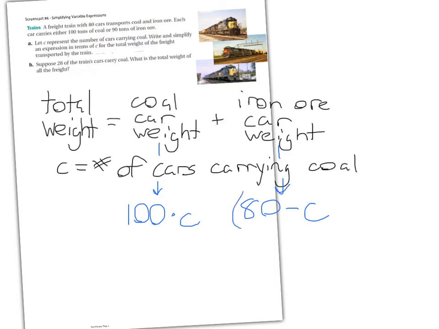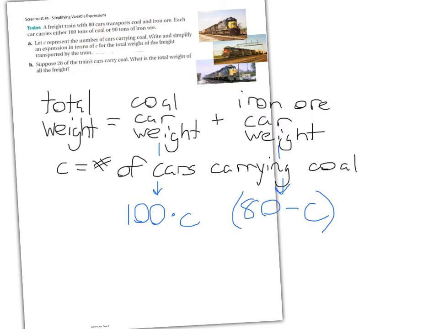Let's put that in parentheses. Because did you notice how over here we also had to multiply our variable C by 100? Because the coal cars are 100 tons each, but the iron ore cars are 90 tons each.